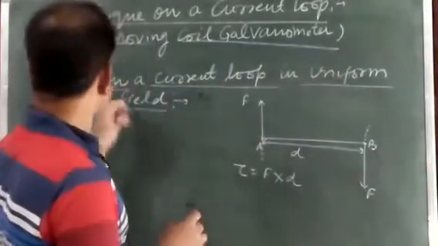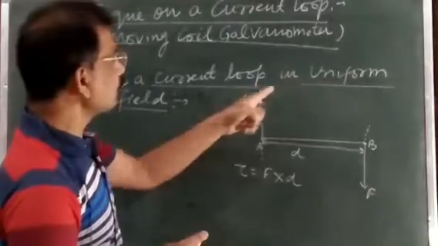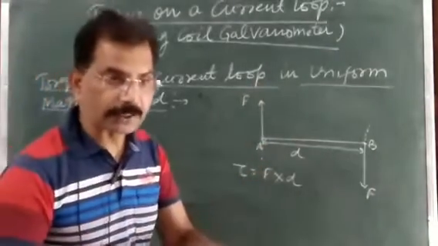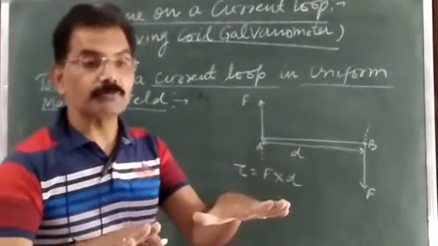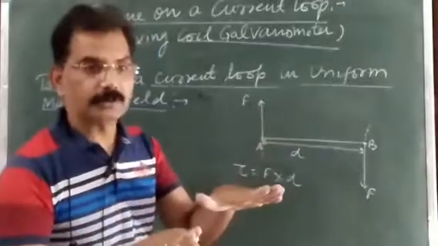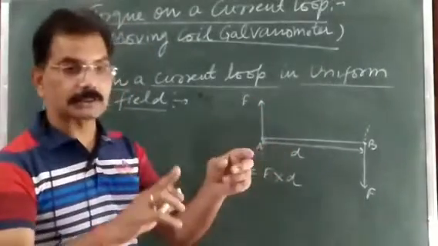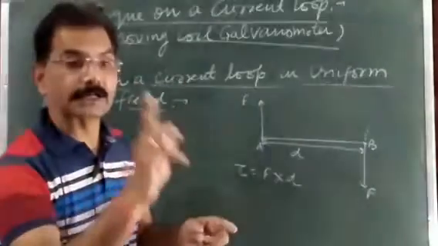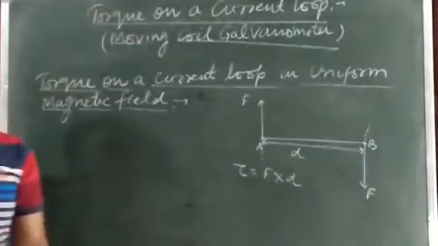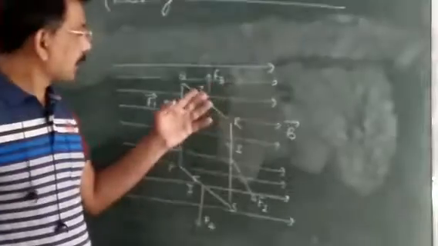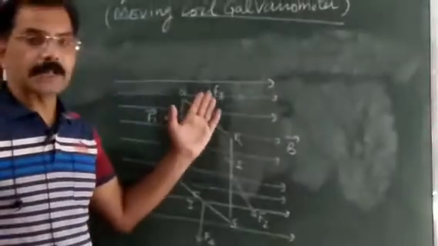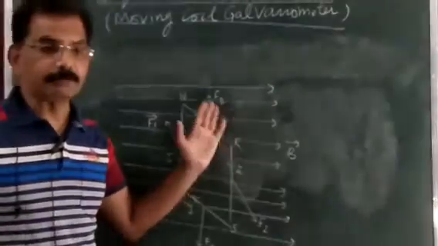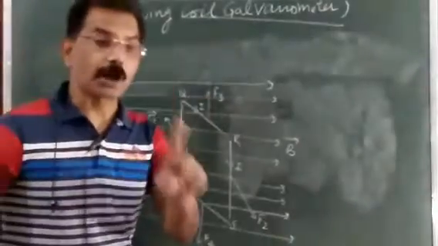And in the same way, when a current loop is placed in a uniform magnetic field, then that current loop will experience a torque. And due to that torque, the current loop tends to start rotating in that magnetic field. A closed rectangular loop placed in a uniform magnetic field will experience a torque.